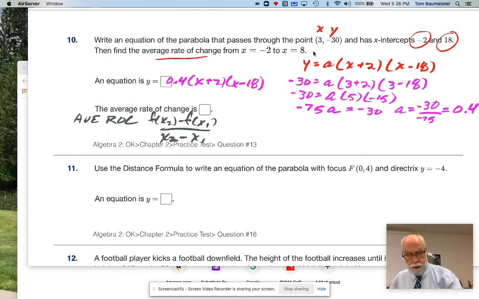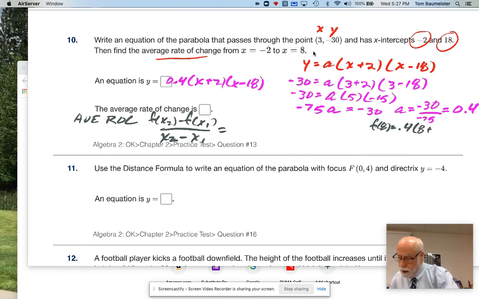All right, so we're going to have to plug in what our f of 8 is. So we're going to plug it in over here. I'll plug it in over here. So f of 8 is equal to, again, I'm going to use my equation that I just found, the 0.4 for, and then I'm going to plug in 8 for x.